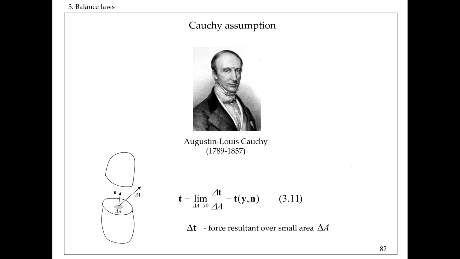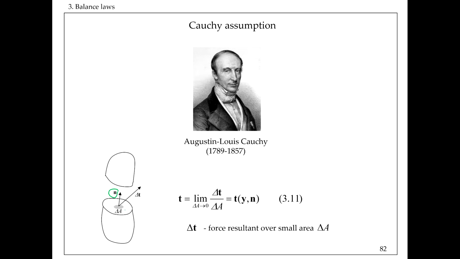We have our body, and then we can imagine a cross section here, some arbitrary point, and that cross section is defined by the normal n. So that normal n defines this cross section, this orientation.